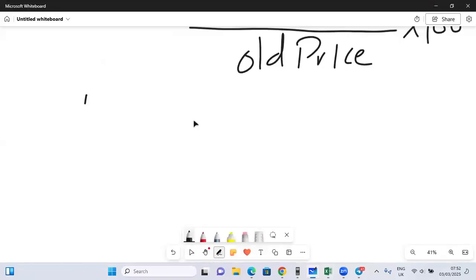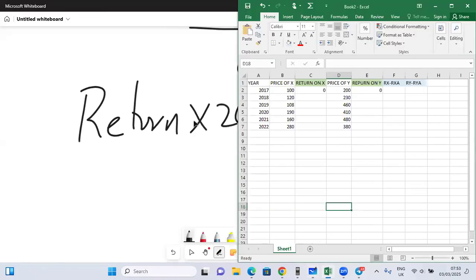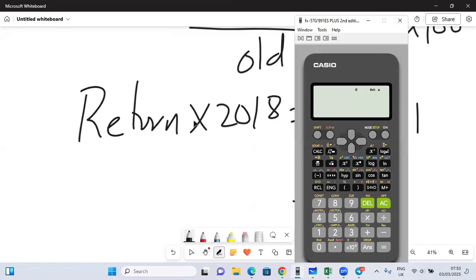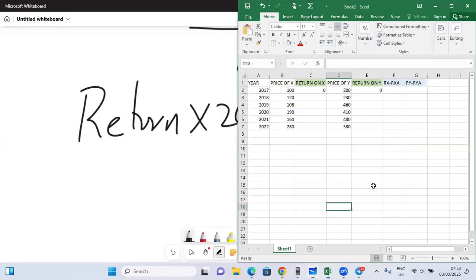So we are getting 0.2. Right, so you put here 0.2.